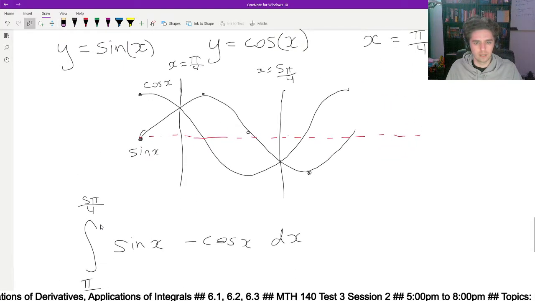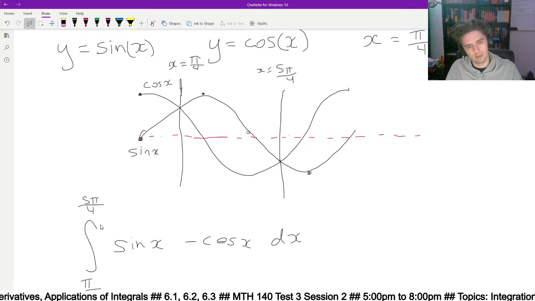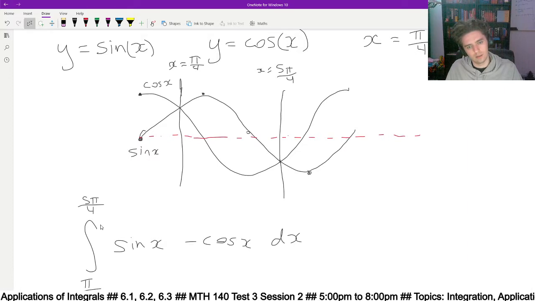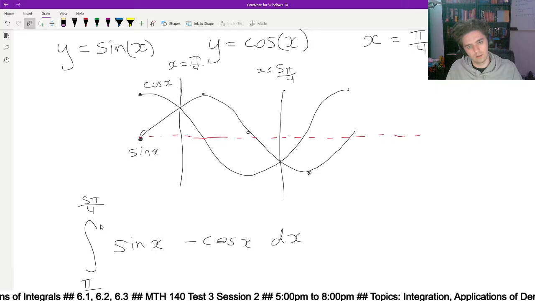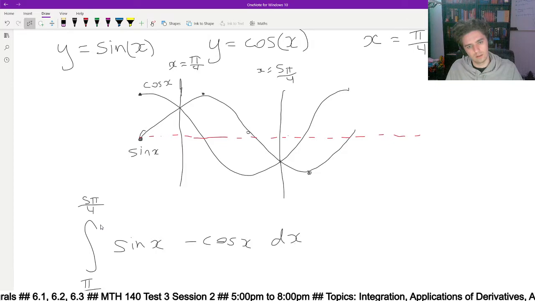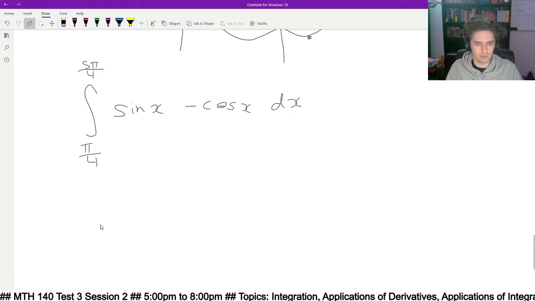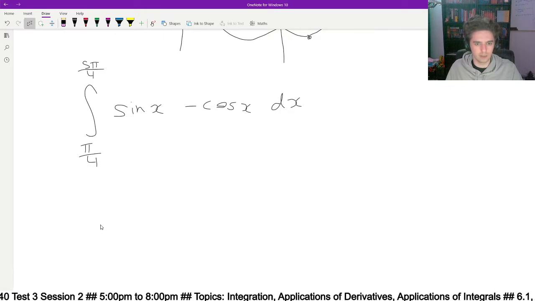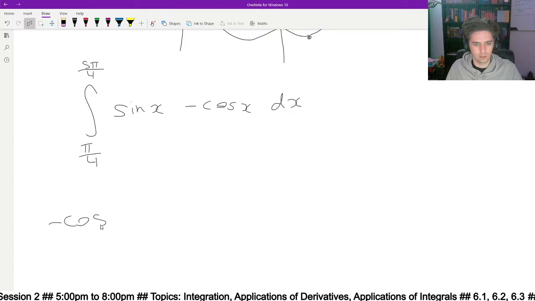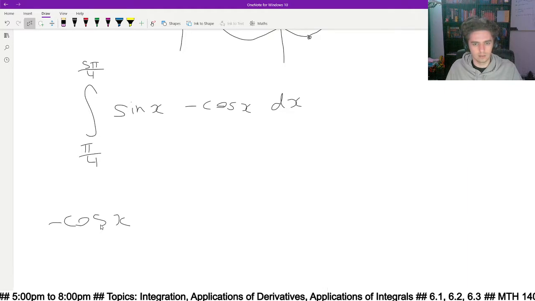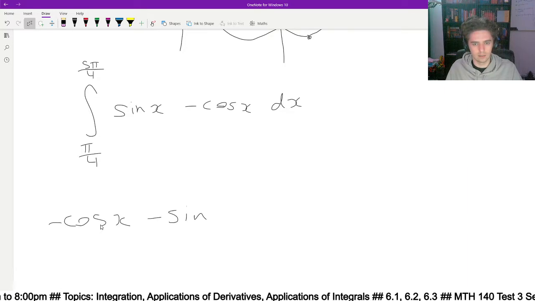Right? Yeah, okay, that should work. So if I take the antiderivative, the derivative of negative cos is sine, so negative cos x, and the derivative of negative sine is cos x.